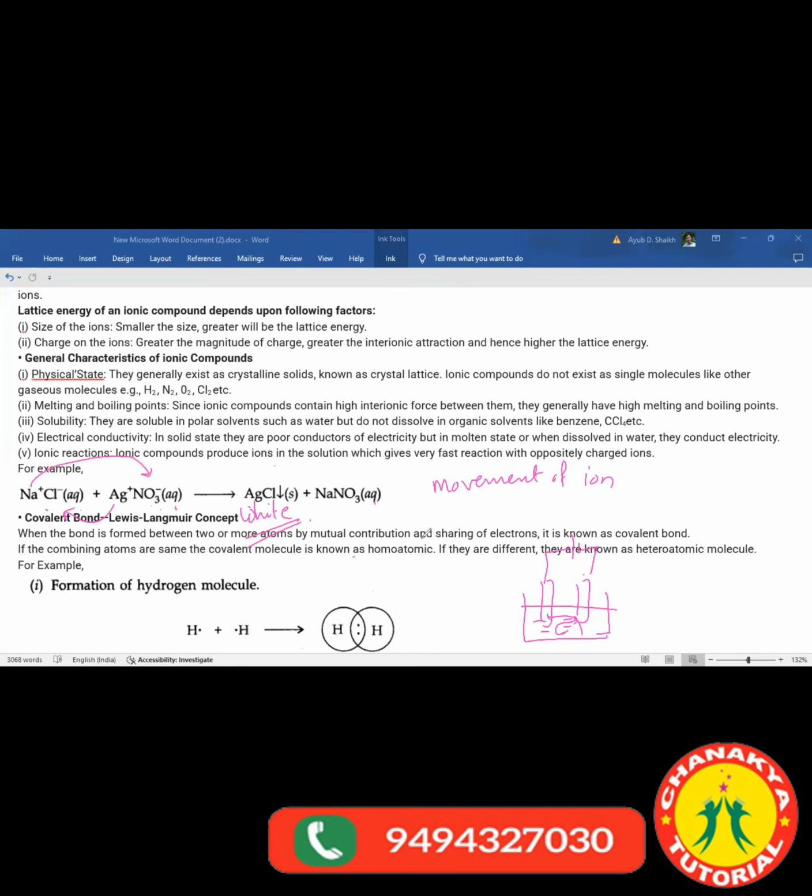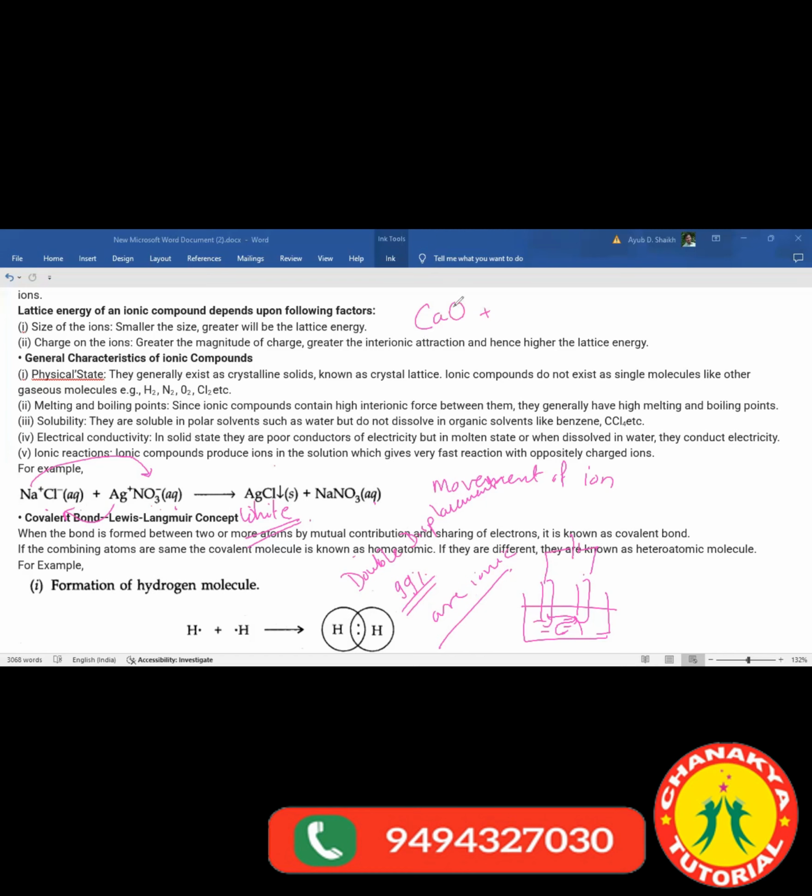99% of double displacement reactions are ionic, right? Yes or no? Only one is there: calcium oxide dissolved into the water.